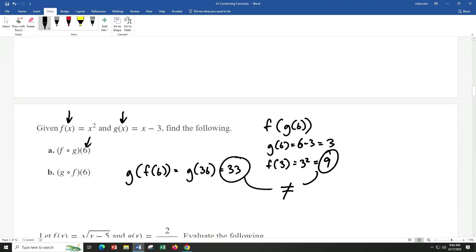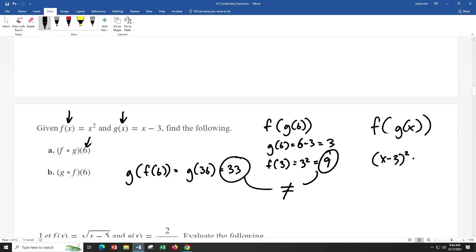You have f of x, you have g of x. If you see something like f of g of x, you can put these functions together. Believe it or not, if you had to see this function together, you would see a function that looks like this: x minus 3 squared.